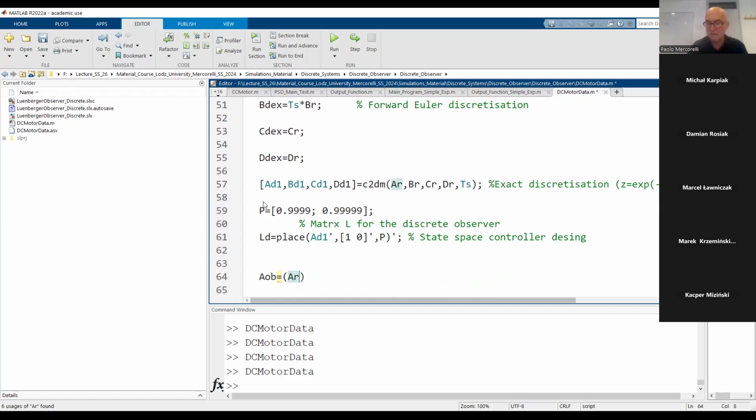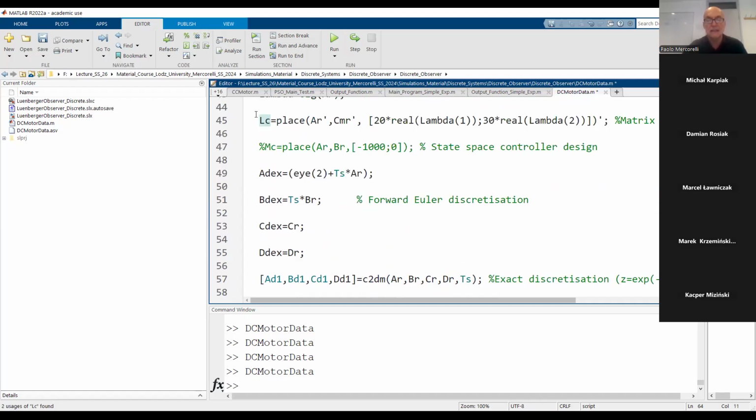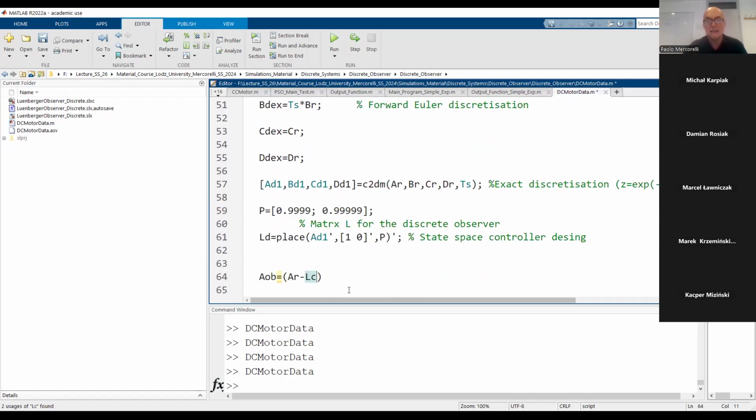AR minus L, I think it is LC, L continuous. Exactly, LC, which multiplies C, or the CR. I don't remember. CR probably.